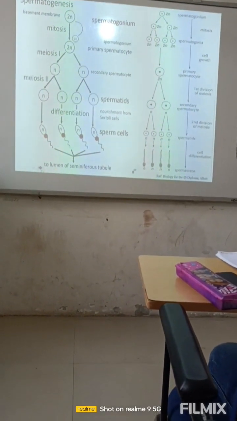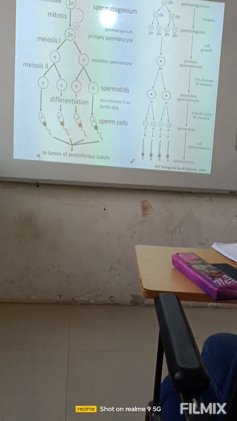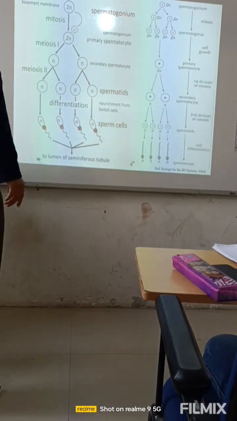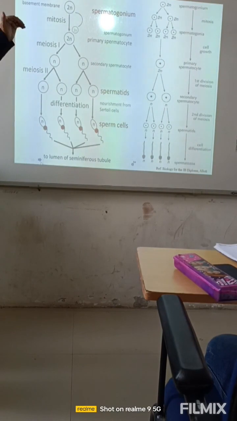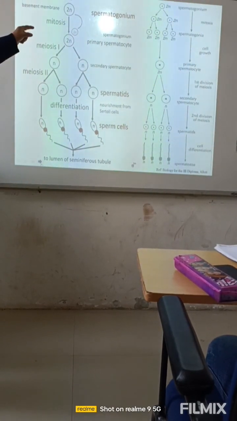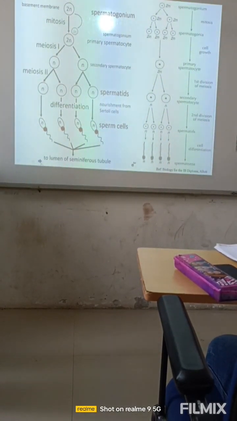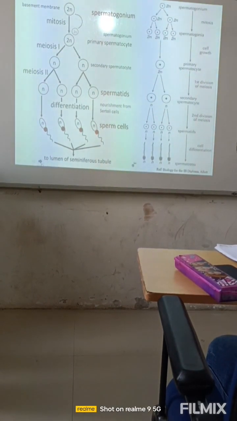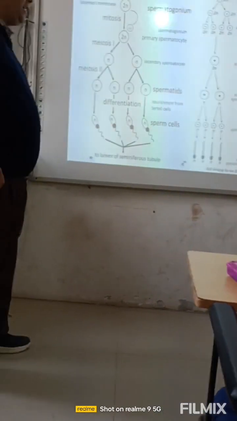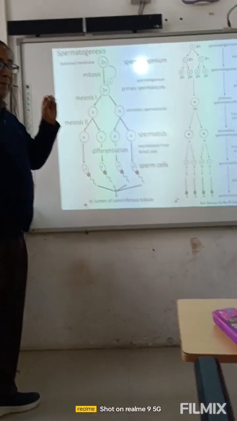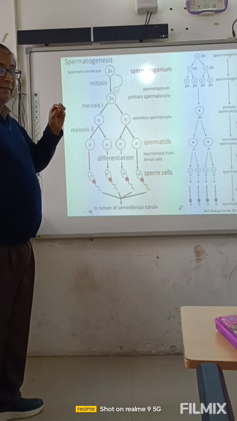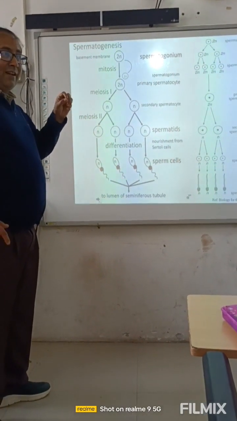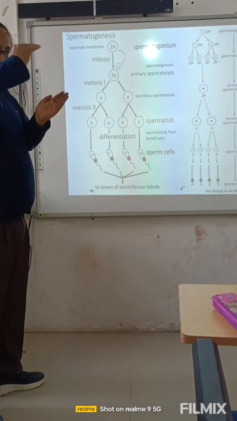This is more important to understand. In spermatogenesis, the spermatogonium divides by mitosis. Then spermatogonia form primary spermatocytes. The primary spermatocyte prepares, enlarges, and then participates in meiosis.